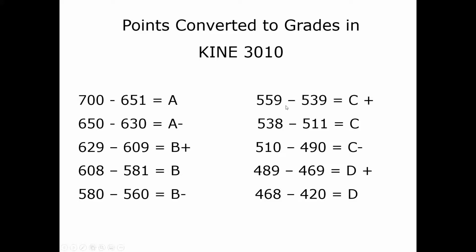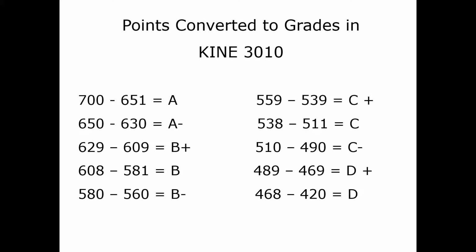So you do have to achieve this criteria of 490 total points to earn a C- within the course, which, according to the kinesiology department and the university, is passing, and you achieve those credit units towards your degree within kinesiology. So I'm using this class as a general example.